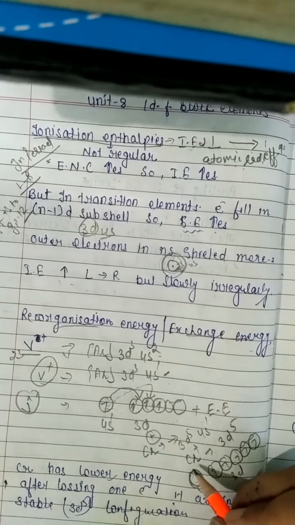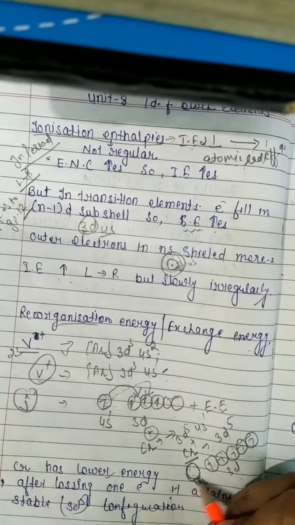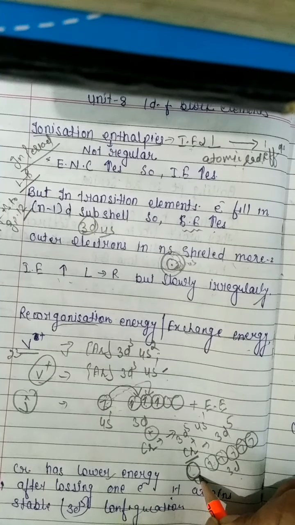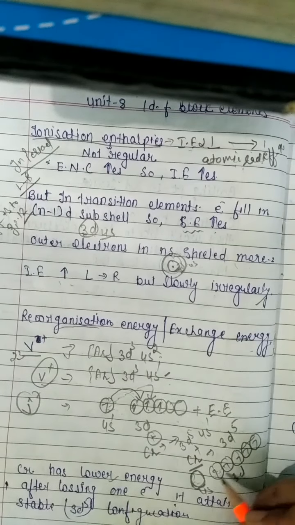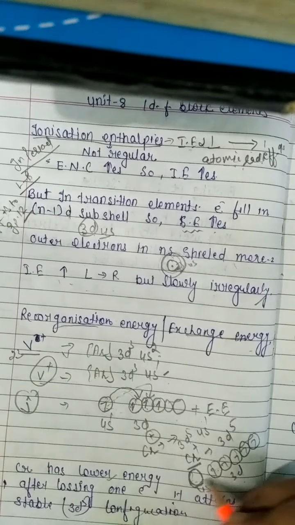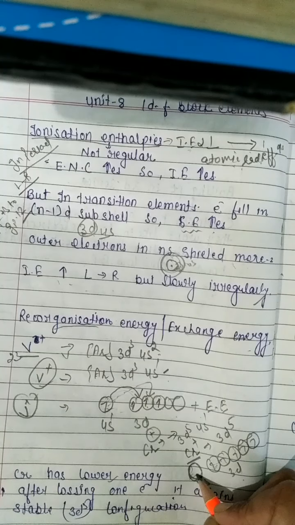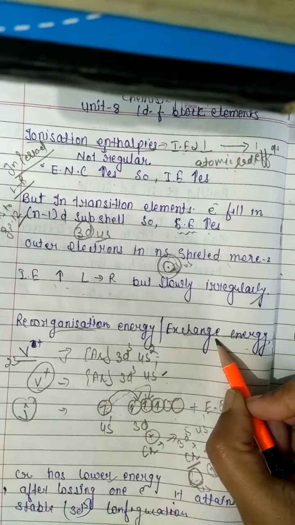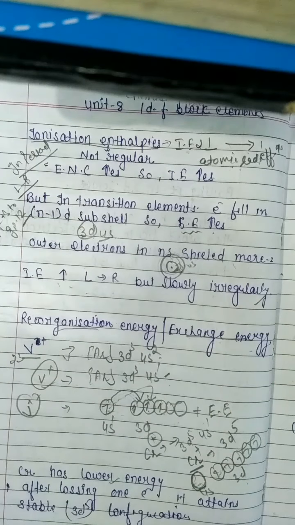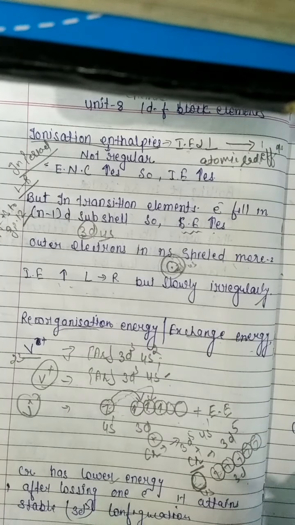Clear? Because in the case of chromium positive, no electron is present in the 4s orbital, and the electrons are not exchanged from 4s to 3d orbital because they have almost the same energy. Clear? About the recognition and exchange energy is clear. Exchange means the transfer from one energy level to another.